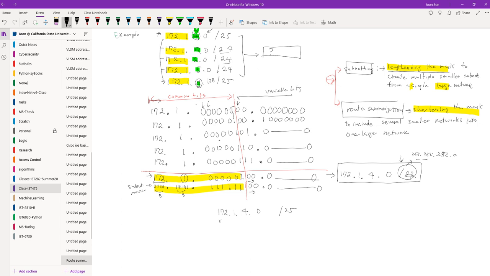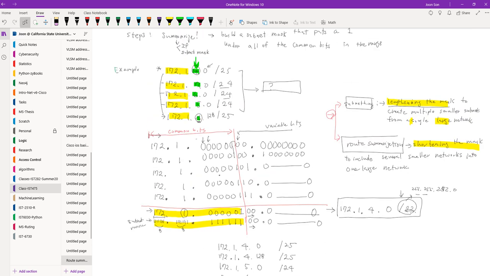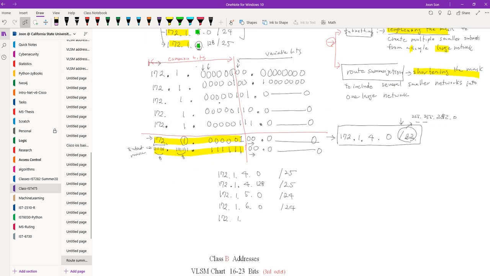172.1.4.128/25. The next one is 172.1.5.0/24, and then 172.1.6.0/24, and the next one is 172.1.7.0/24, the last one.